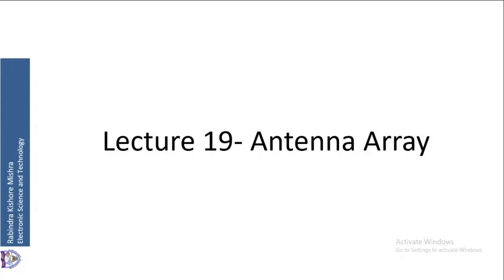Therefore, the signal to noise ratio will decrease. Noise will keep on increasing because more noise is coming in the direction of the antenna. So antenna is receiving more noise than the signal. So signal to noise ratio will degrade and it will hamper the communication.